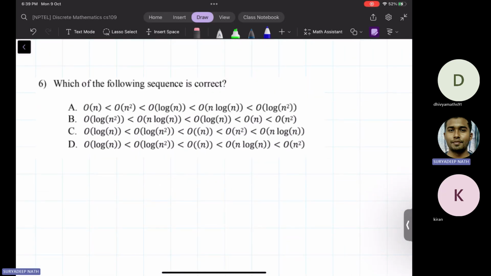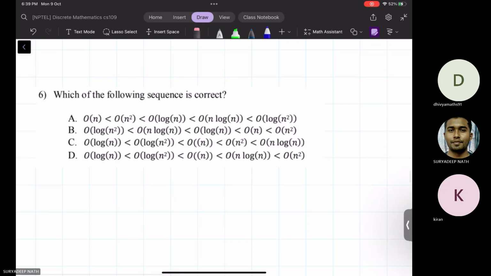Which of the following sequences is correct? So for this again, we will draw like this.